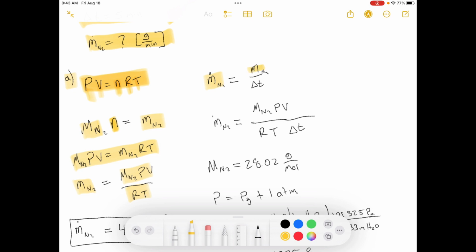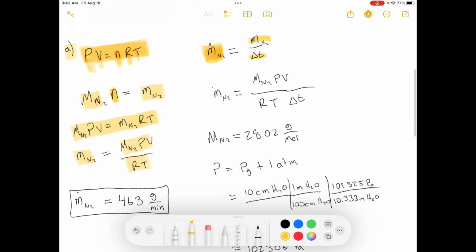So that is what the flow rate should be. Now we substitute that in, and we get this equation that the mass flow rate is equal to this. So now we have an equation for our mass flow rate.